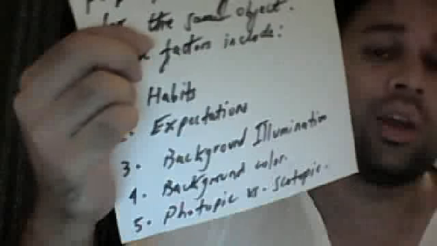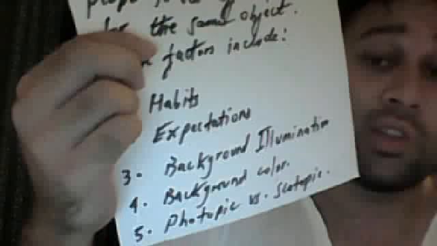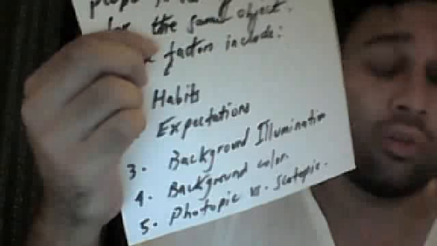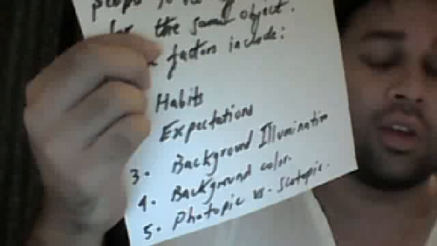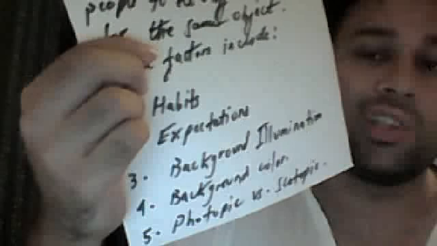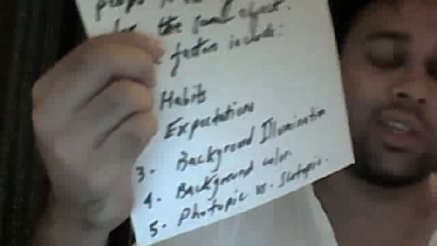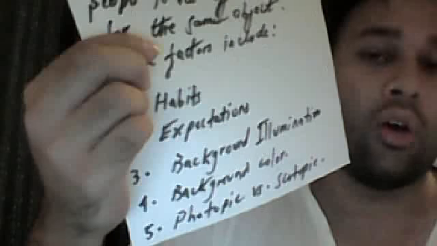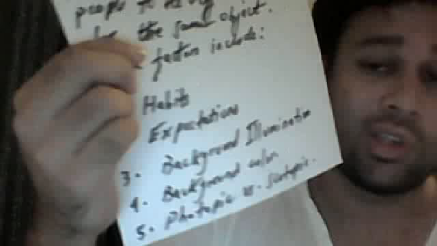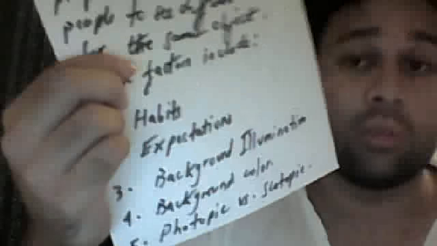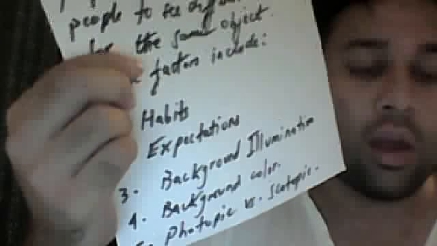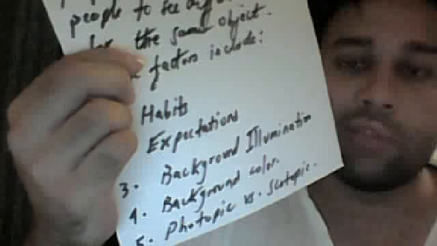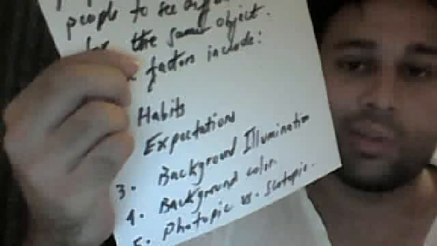Sometimes it can be in a transition between the two modes, at varying degrees of transition. So the level of where the person sits in terms of which system they're using, photopic or scotopic, could also account for different colors being perceived by different people, because their systems are at different stages.